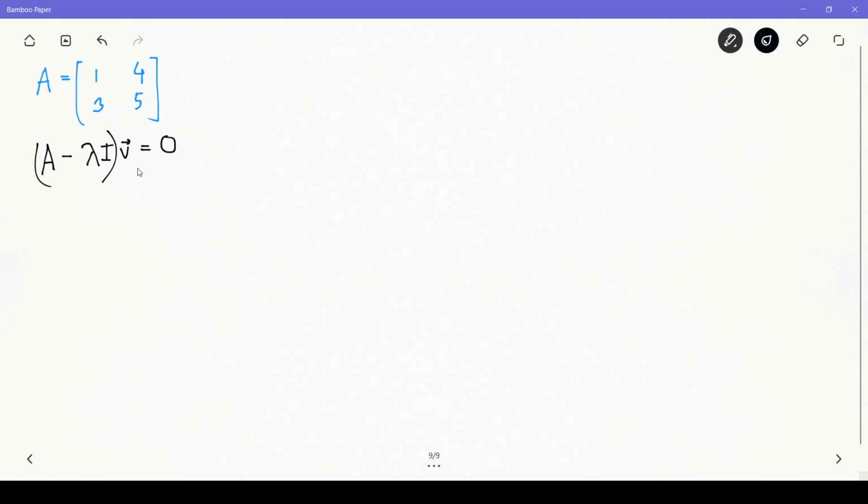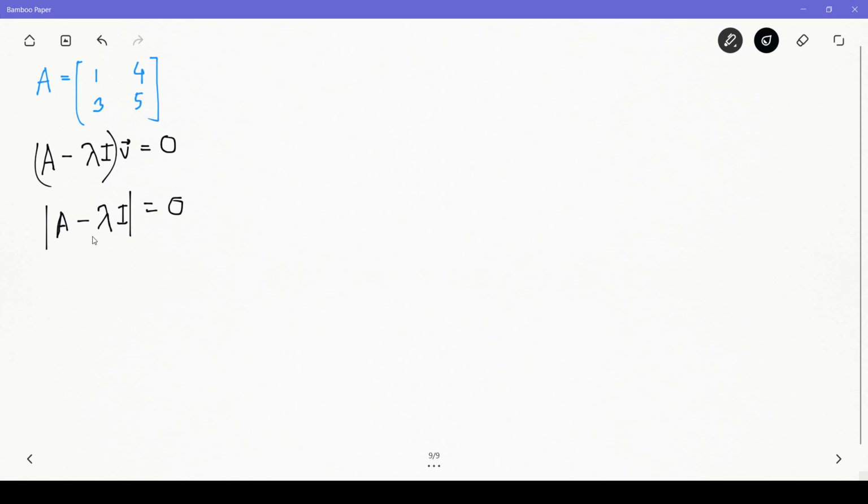Before finding the eigenvectors, we need to find the eigenvalues. For this equation to hold true, we needed the matrix on the left side to be singular, and singular matrices have a determinant of 0. So we can say that the determinant of A minus lambda I is equal to 0.